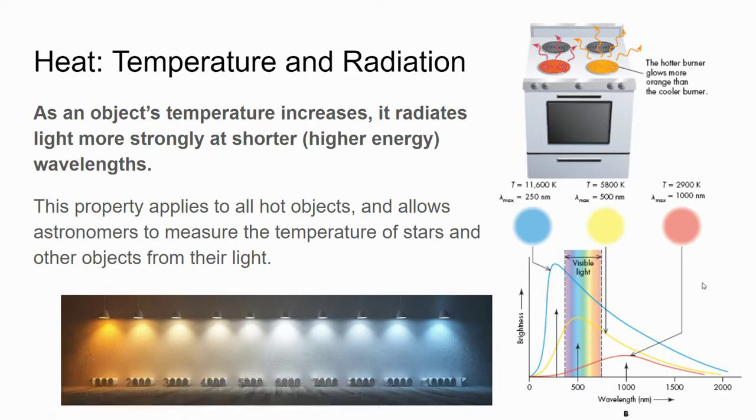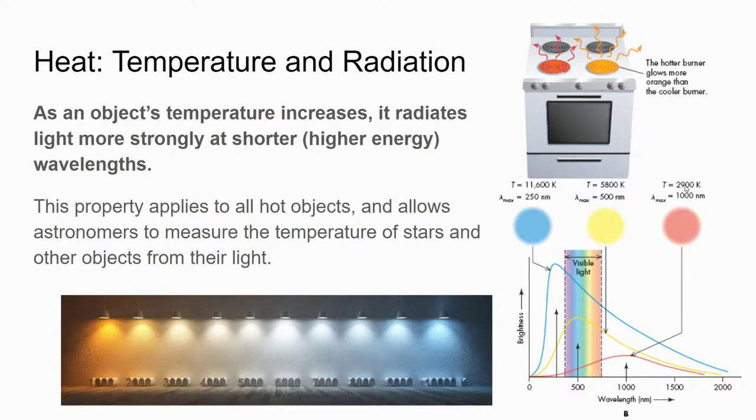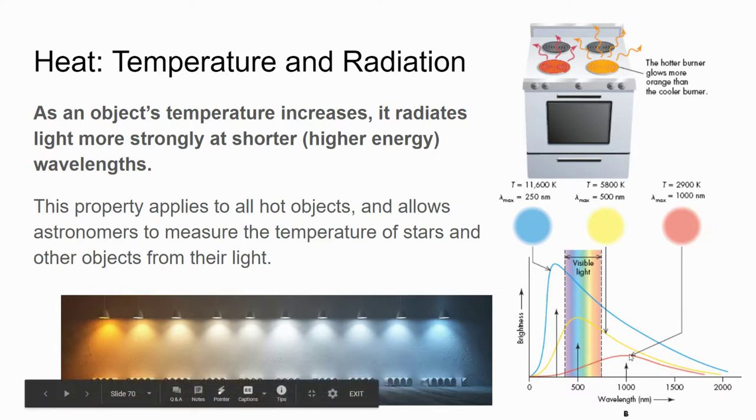And on this graph, we have 3 different curves representing objects at 3 different temperatures. So look at the red one first. The red one has a temperature of 2,900 Kelvin. So this would be very hot to touch, but fairly cold as far as stars go. Look at its curve. Its curve peaks out here at about 1,000 nanometers, so this particular object is putting out the most light in the infrared.